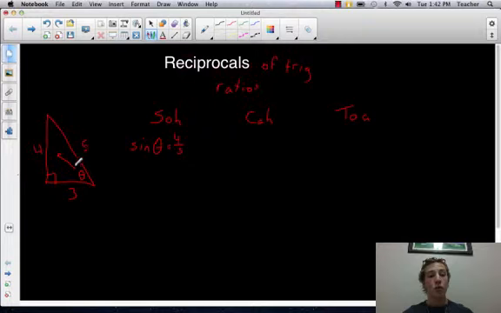Now, if we wanted to find cosine of theta, cosine is adjacent over hypotenuse. So we have the 3, which is the adjacent because it's right next to it. And then, once again, the hypotenuse is 5. So 3/5.